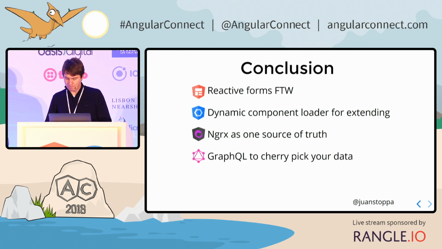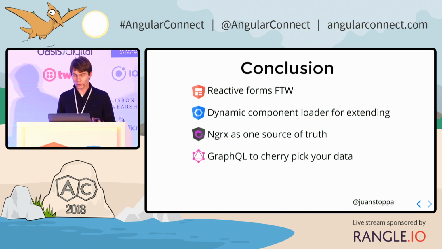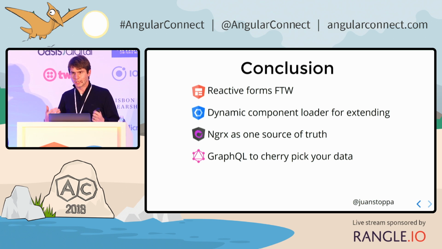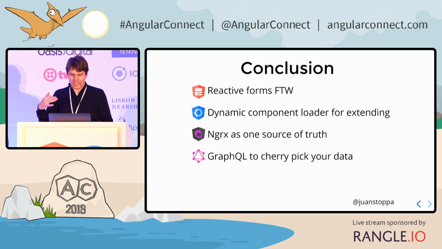And then NGRX is the one source of truth. I think it's great. I overheard that NGRX could sometimes be overkill, so you don't want to use it for every single case.